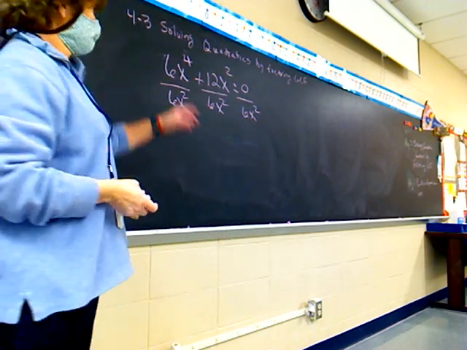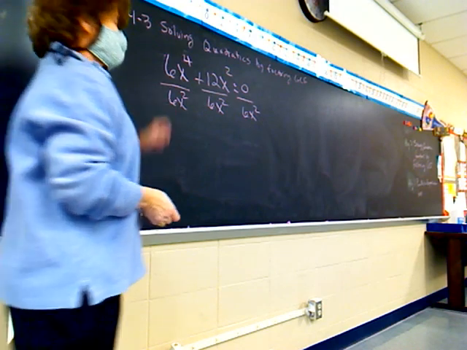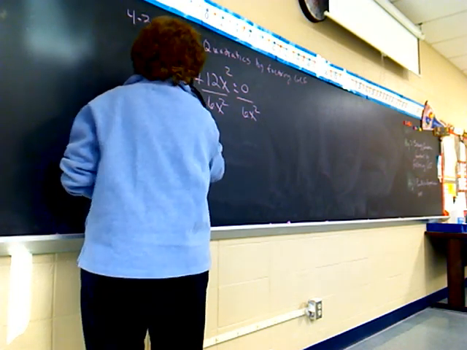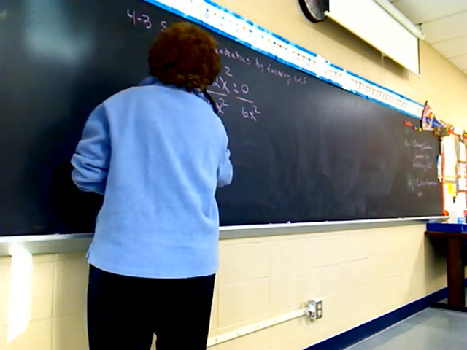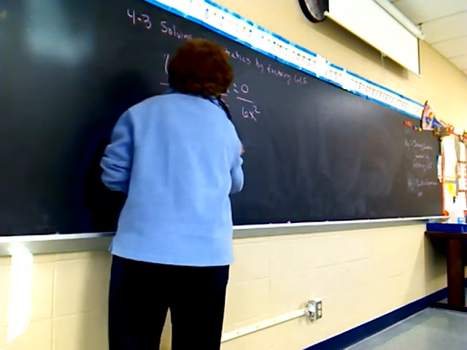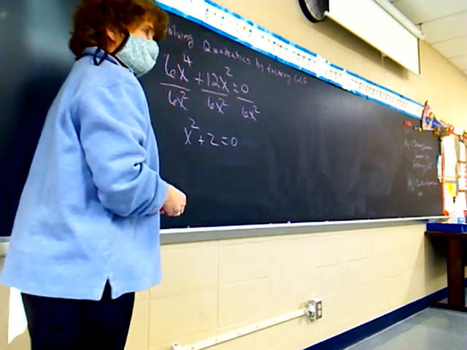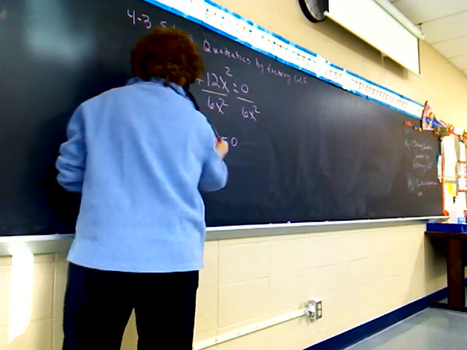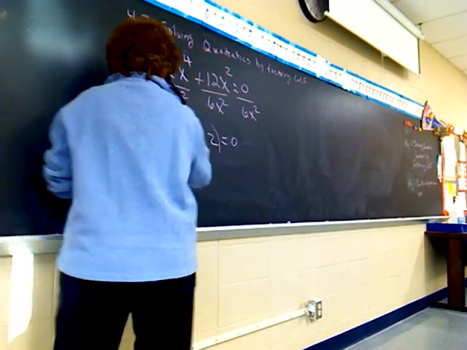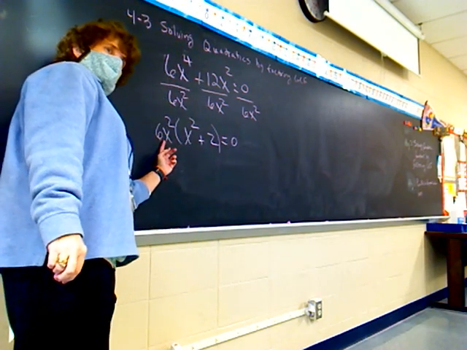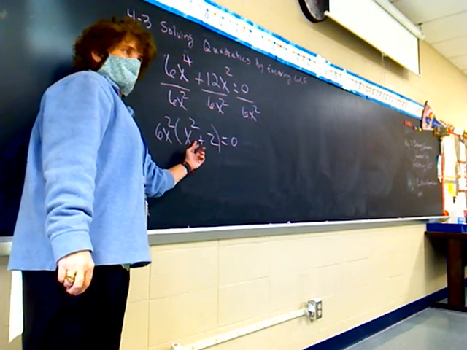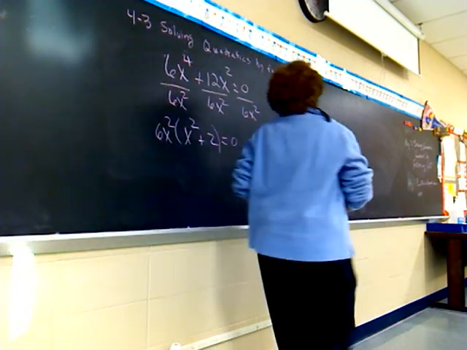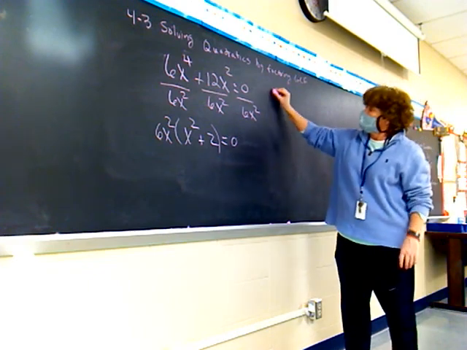When you do, you're going to get x squared in this first term, plus 2 equals 0. Write your answer to that: your greatest common factor out front, and your quotient, what you got when you divide it, inside the parentheses. Then set each one of those terms equal to 0 and solve.